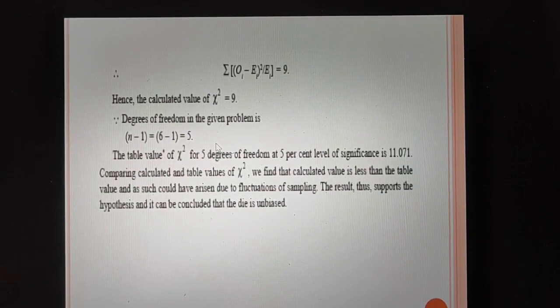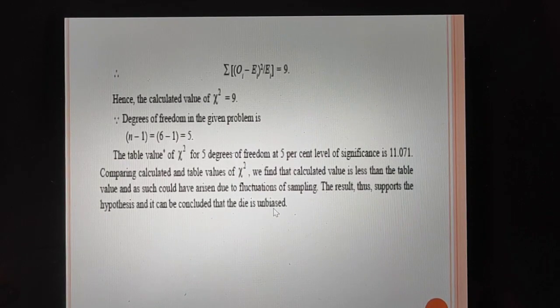Here we use a predefined table, where for the degree of freedom 5 and the 5% level of significance the value is 11.071. This is given in the question, and our calculated chi-square value is 9. As the calculated value is less than the table value, our hypothesis is accepted and the die is unbiased.